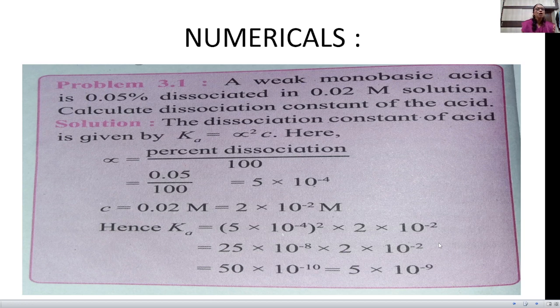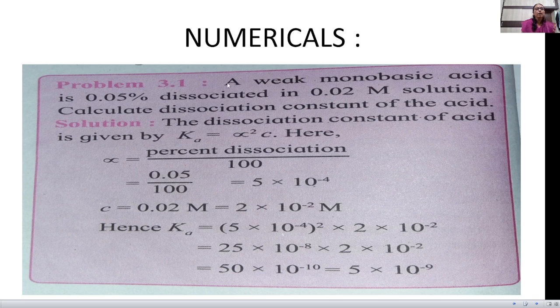First numerical, see only the question first and not the answer. Remember this Ostwald's dilution law equation, that is Ka equal to alpha square C or Kb equal to alpha square C; these equations are applicable only for monobasic acids or monoacidic bases.